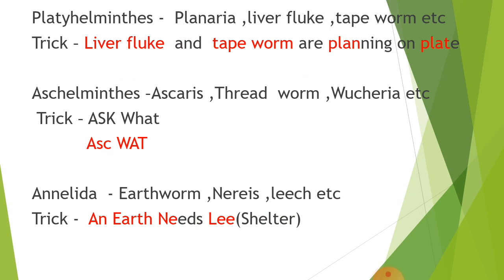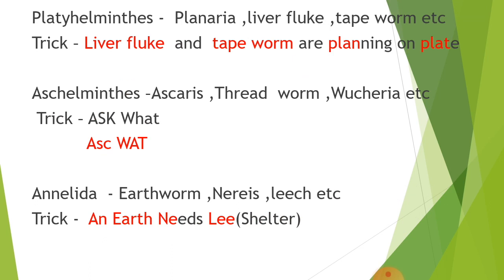Let's move on to the next one, that is Platyhelminthes, and the species that come under are Planaria, liver fluke, tapeworm, etc. And the trick is "liver fluke and tapeworm are planning on plate."